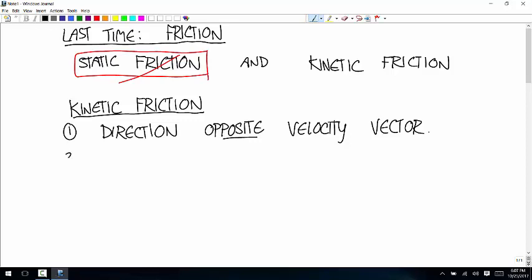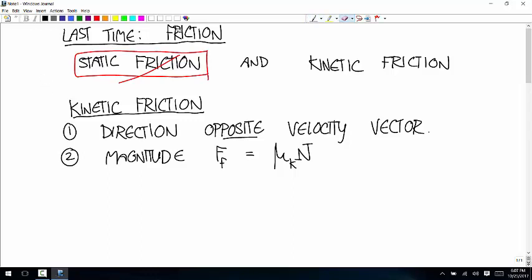And then the magnitude: F sub F, the force of friction, is equal to this constant mu, and it always has a sub k because there's also a constant for static friction, and there's a different one for that. And then times the normal force.